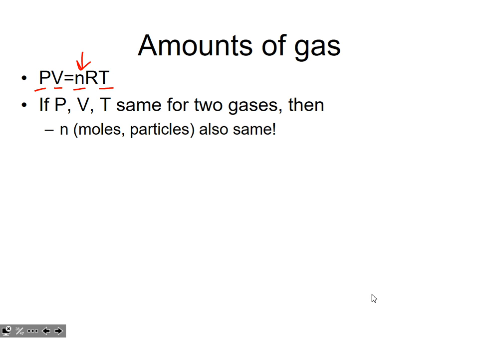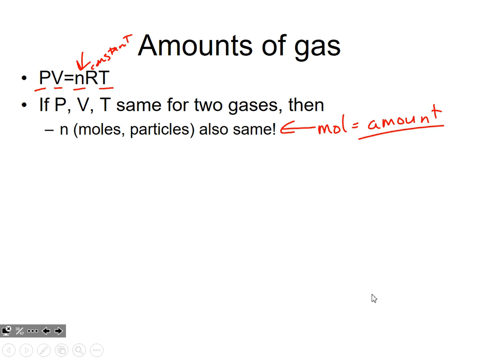If P, V, and T are all equal, then when you plug it into the equation, because R is a constant, you will get the same number of moles. Moles is how we talk about amount in chemistry, right? 1 mole is always going to be the same amount as 1 mole, even if they're two different substances.